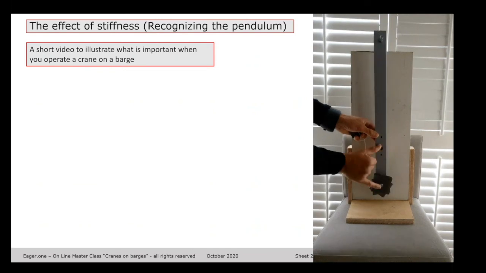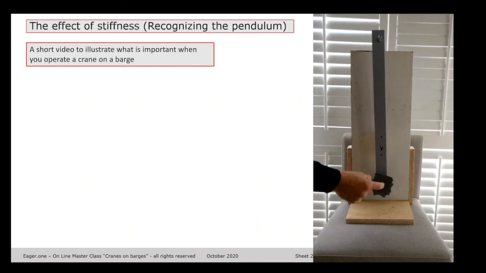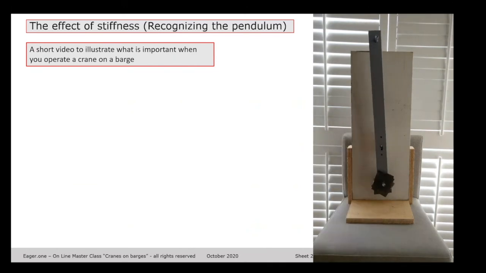GM value is for both situations the same. Metacenter, COG. So the pendulum length is the same for both situations. However, mass is higher in this situation, so stiffness is higher. So the point we want to make is that stiffness is not only determined by GM value, it's also mass.